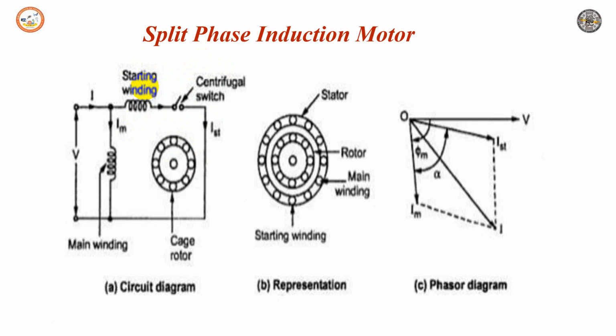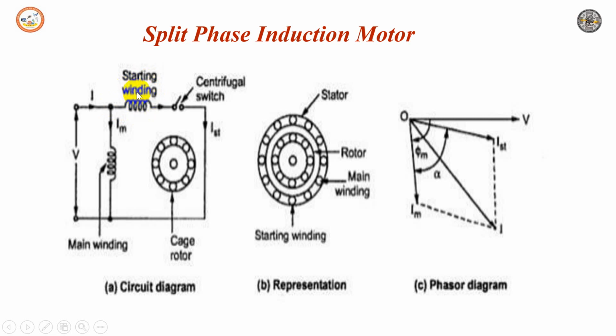Coming to the split phase induction motor, this is the arrangement made for it. This is the squirrel cage rotor, and this is the main winding, that is the stator winding. In addition to the stator winding, it carries one more winding, called the starting winding or auxiliary winding, which carries a series resistance such that its impedance is highly resistive in nature.